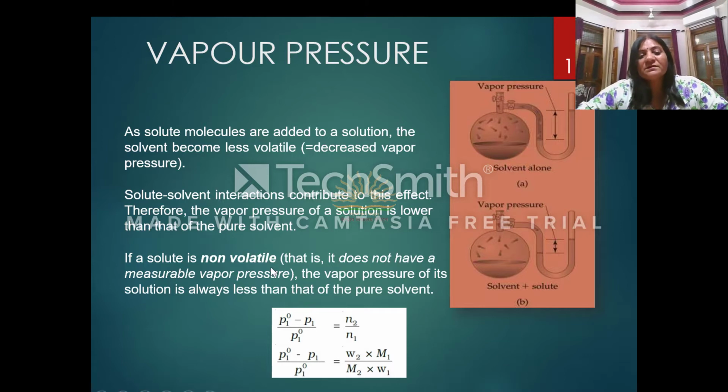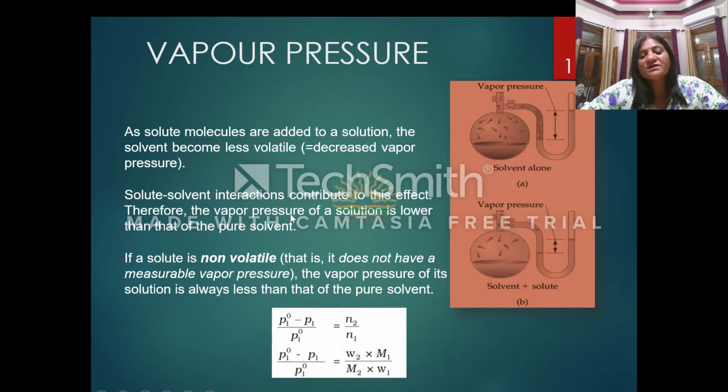Vapor pressure. This term we had already studied in the chapter States of Matter in class 11th NCERT part 1. As solute molecules are added to a solution, the solvent becomes less volatile, meaning decreased vapor pressure. Solute-solvent interactions contribute to this effect.